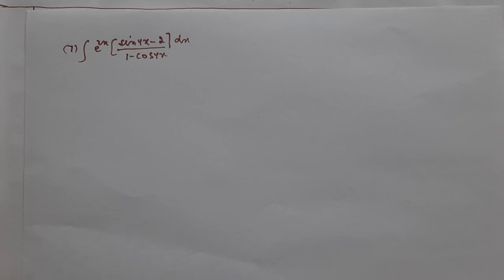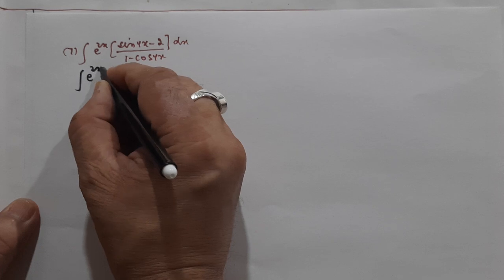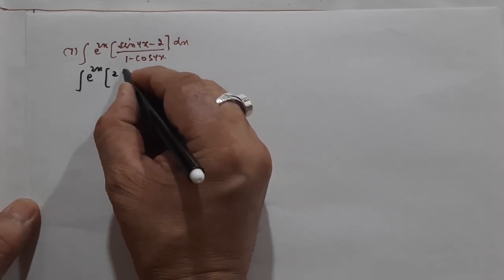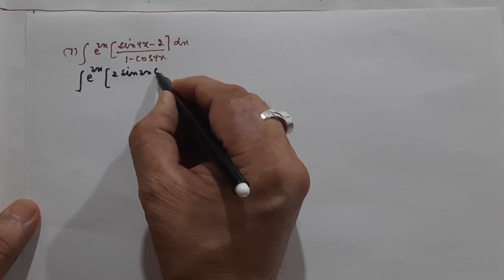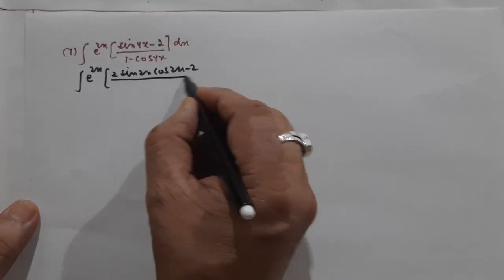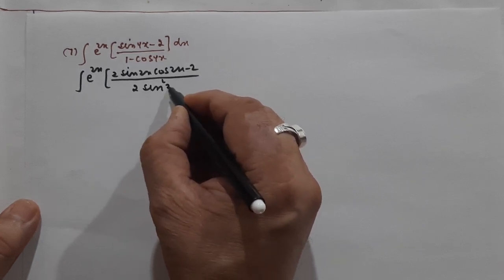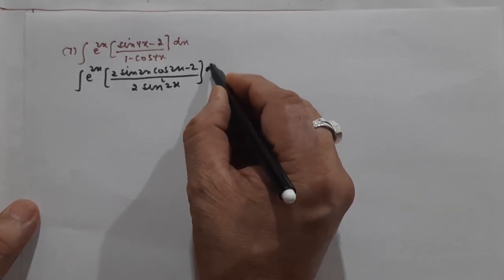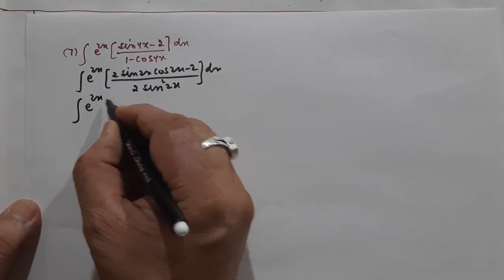So first of all we have to use the formula of sin 4x. Sin 4x is equal to 2 sin 2x into cos 2x, minus 2, upon 1 minus cos 4x, which is 2 sin square 2x, dx, like this. So what we get, e power 2x.